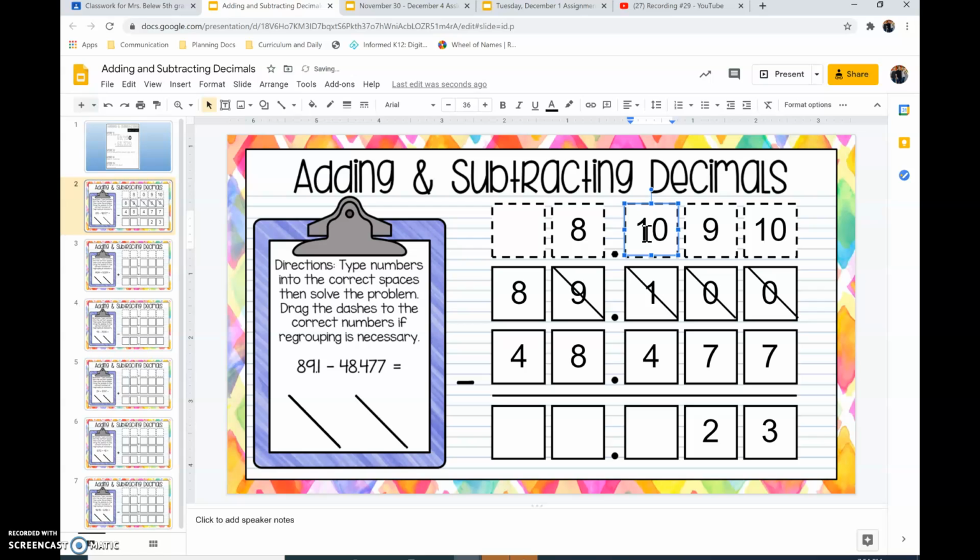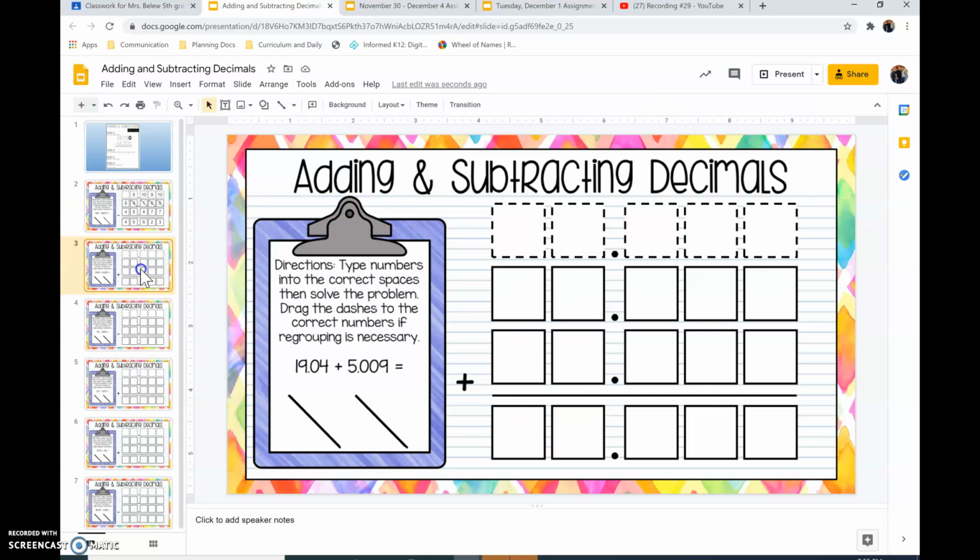It is 10. 10, take away 4 is 6. 8, take away 8, 0. 8, take away 4, 4. I end with 40 and 623 thousandths. You're going to do the same thing on each of these.